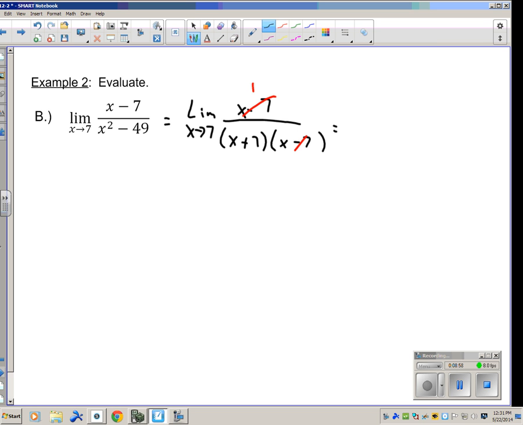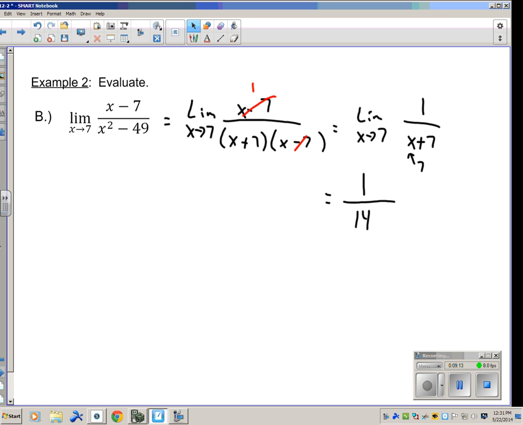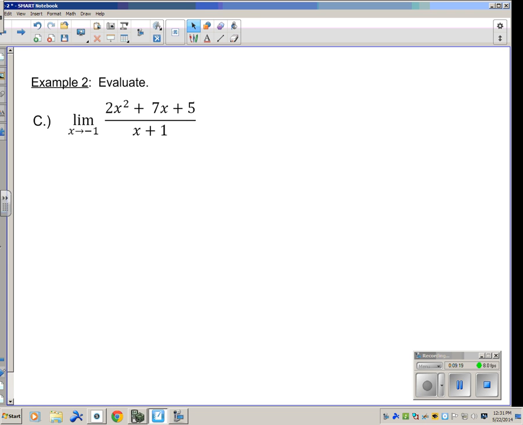So I end up getting the limit as x approaches 7 of 1 over x plus 7. So now I can substitute 7 in there, and 7 plus 7 there is 14, so I get 1/14. Again, couldn't use direct substitution, started thinking about one of the other three, which in this case was factoring.